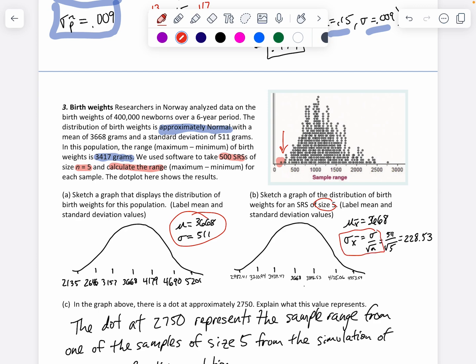I didn't write it here, but technically you should be checking the 10% condition. 5 babies is far less than 10% of the 400,000. So as you can see here, the standard deviation is cut by more than half. This is the same problem, still the same mean, still averages 3668, but the standard deviation means that it goes much less far out, right?